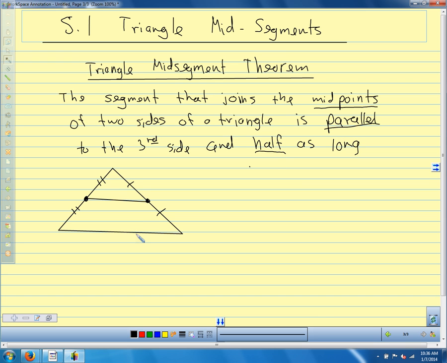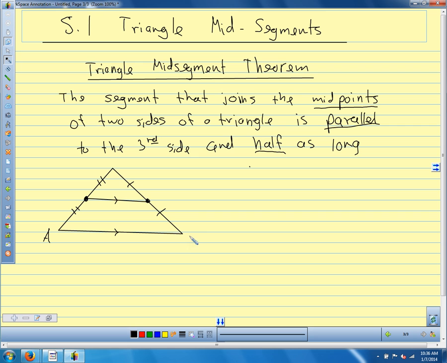So how do we mark that things are parallel? What symbol do we use for parallel? Remember? To show the lines or segments are parallel? The little arrows, yes. So the arrows tell us that those are parallel. And let's give these points some names.